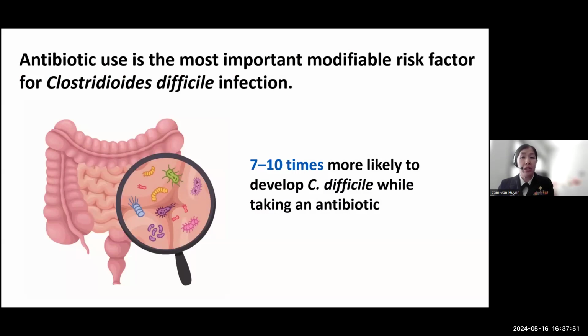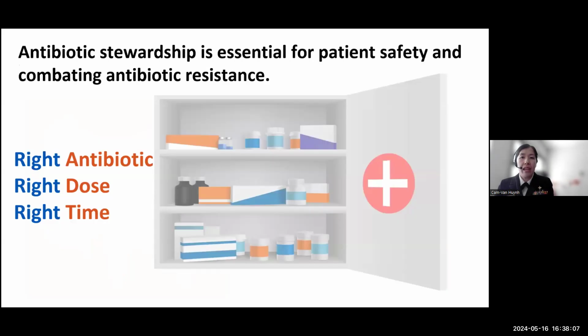Antibiotic use is also the most important modifiable risk factor for developing Clostridioides difficile infection, a potentially life-threatening gastrointestinal condition. Patients are 7 to 10 times more likely to develop C. difficile while taking an antibiotic compared to someone not on an antibiotic. And antibiotic stewardship is essential for patient safety and combating antibiotic resistance.